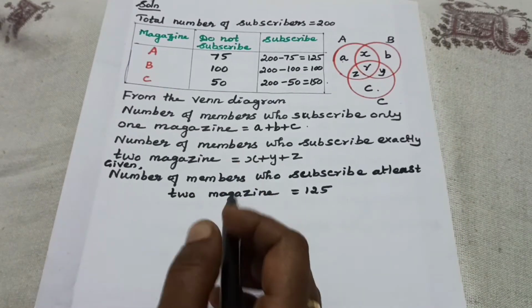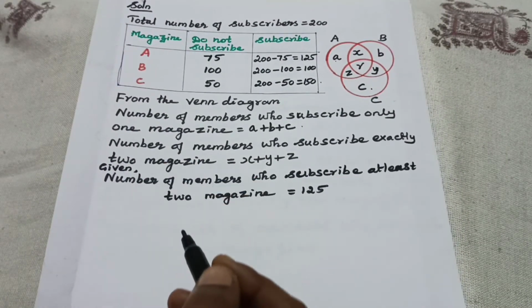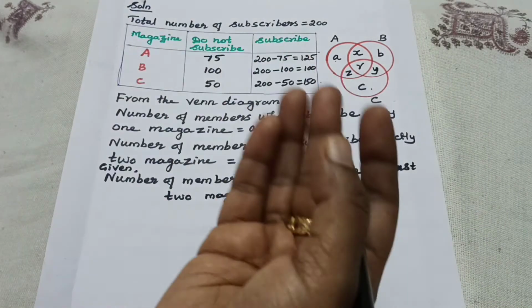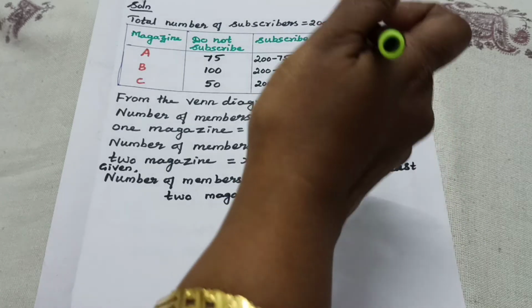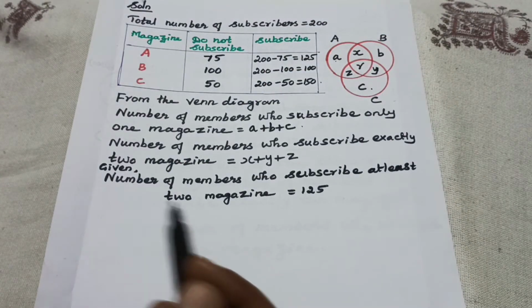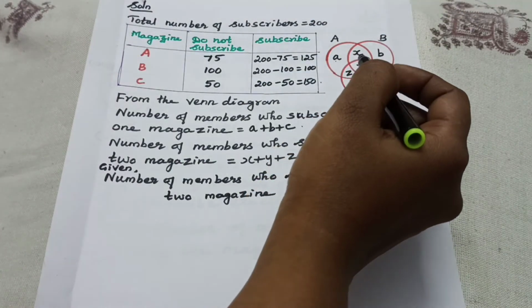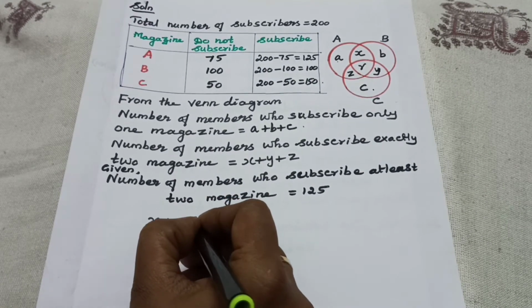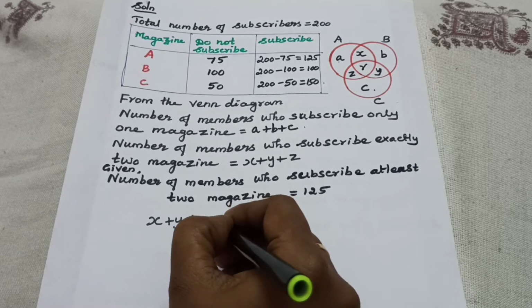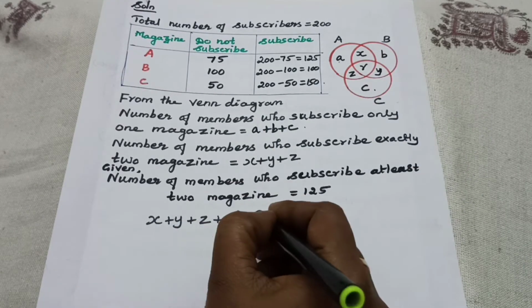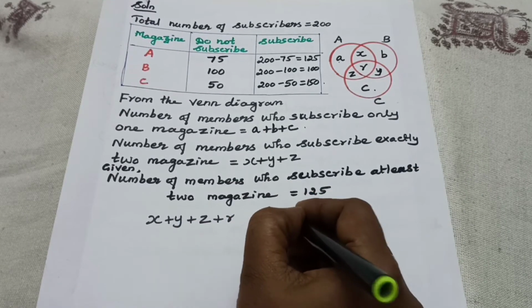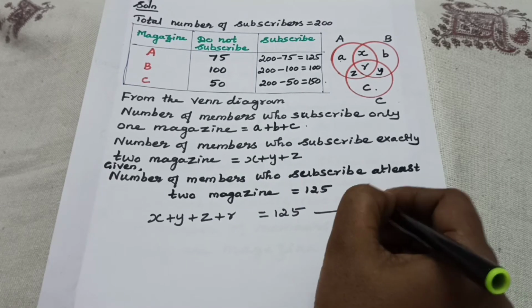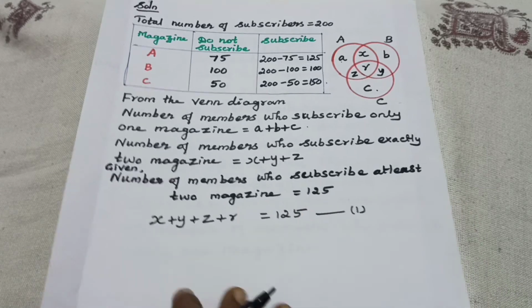At least 2 magazines means 2 and above 2, that means 3 also will come. Just last class we also learned. That means X plus Y plus Z plus this R also will come, is equal to this 125. This is equation number 1.